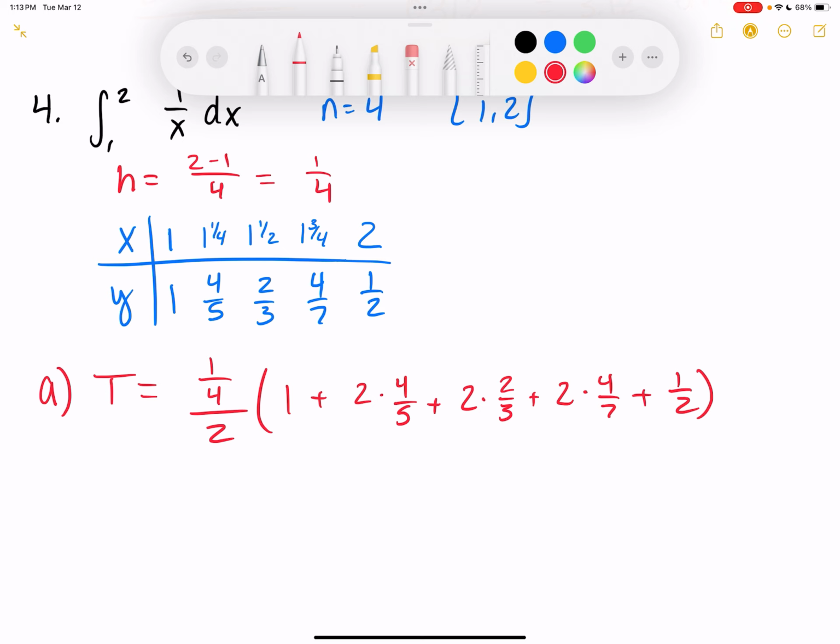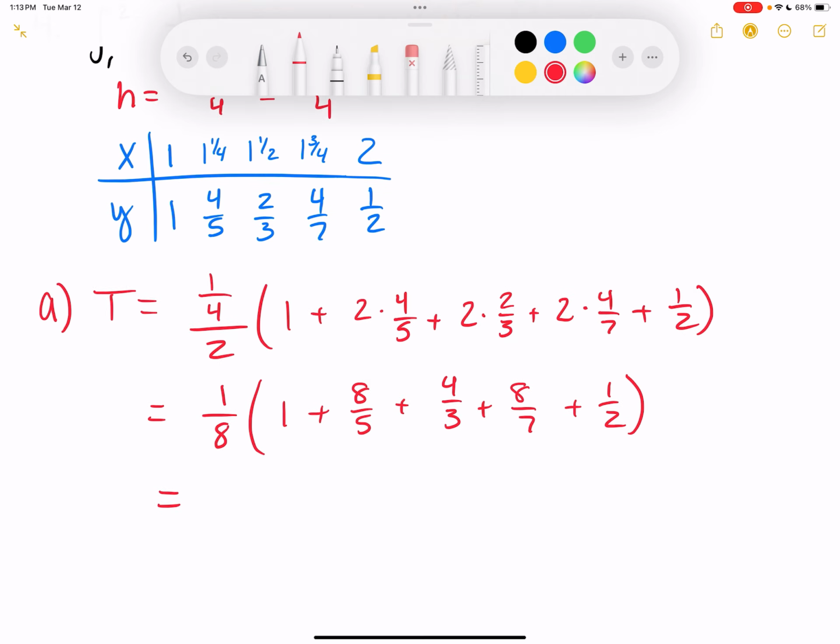So we've got 1/8 times 1 plus 8/5 plus 4/3 plus 8/7 plus 1/2. And at this point, I'd get out a calculator. That's a lot of fractions. I would say go out to 3 or 4 decimal places on problems like this before you round, so that we don't end up with the issue we had on the first one.